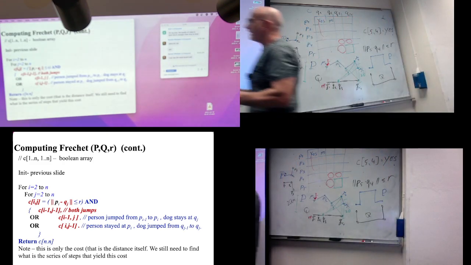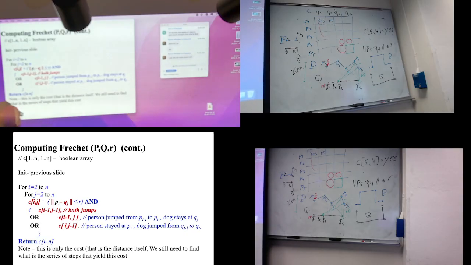So I'm checking the value of Ci minus 1, j minus 1, which means they both jump in the same step. If it is yes, it means you can have them walk all the way to Pi minus 1, Qj minus 1, and then both jump at the last step.